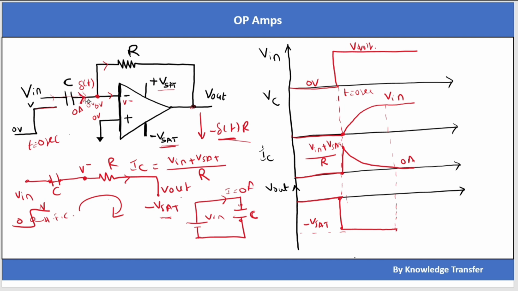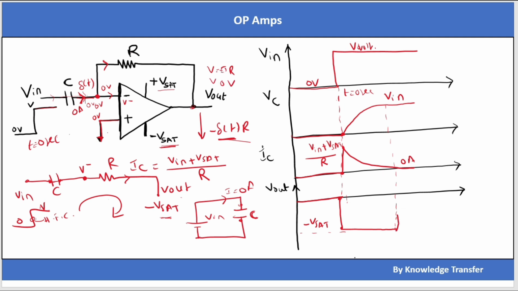Because this current is 0 ampere, this node voltage is 0 volt, because the positive terminal is shorted to ground, 0 volt. This is also 0 volt, because there is no current flowing through this capacitor. The current flowing through R is also 0, and Vout is equal to I into R minus I into R. I is equal to 0, so Vout also will be 0 volt.